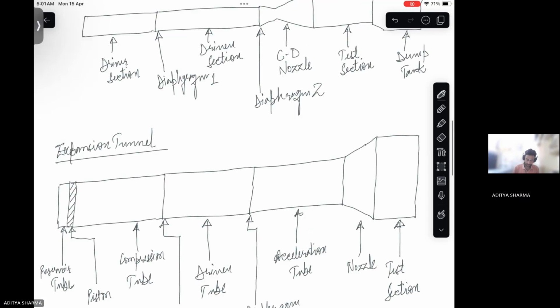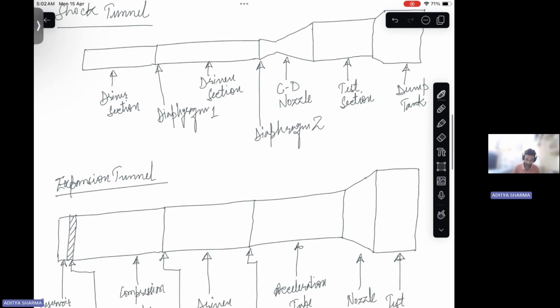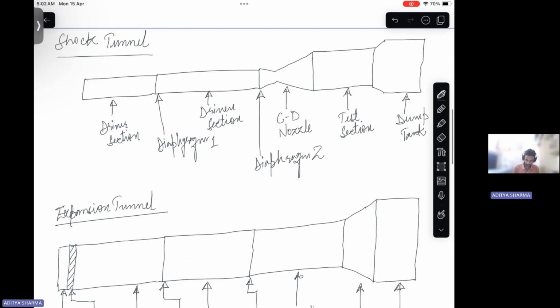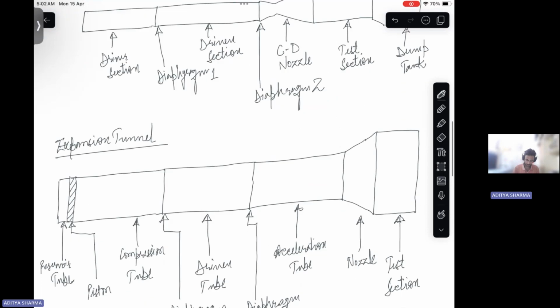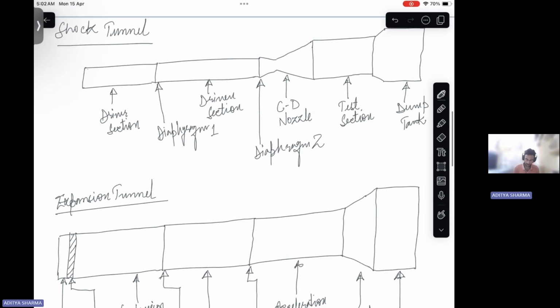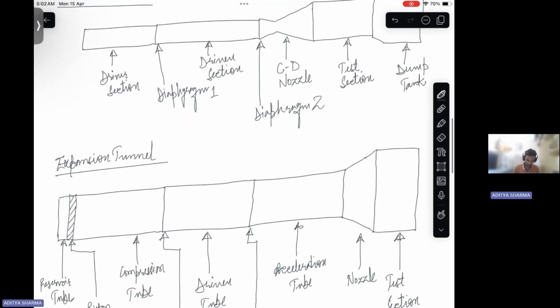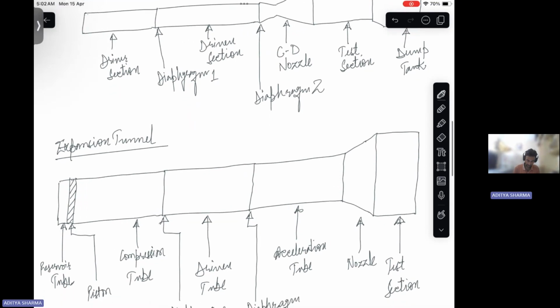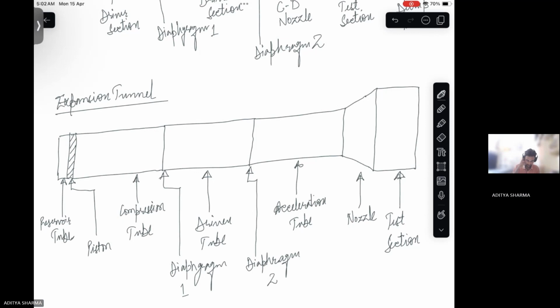So here also we have two diaphragms. So in shock tunnels, we also have two diaphragms. So same is the case, but how the two setups are different, we can see through these two schematic diagrams, right? So in shock tunnel, we were having a CD nozzle, right? And then there were two sections only. One was driver section, and one was driven section. But here it has this compression tube, right?